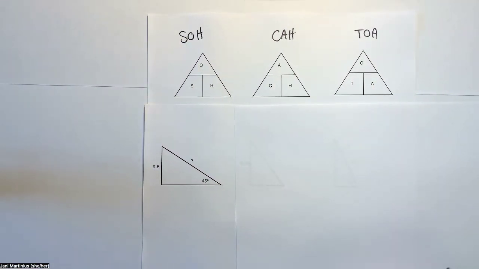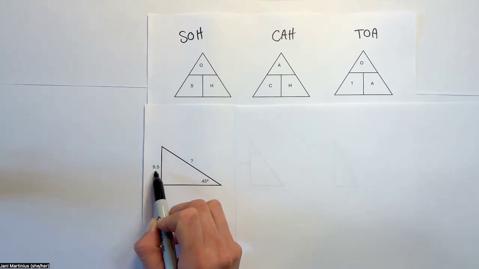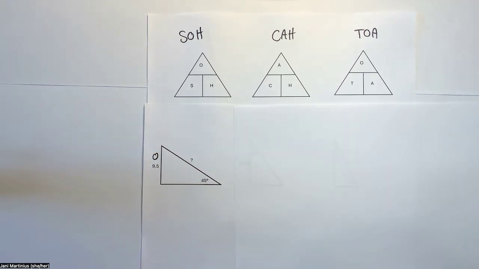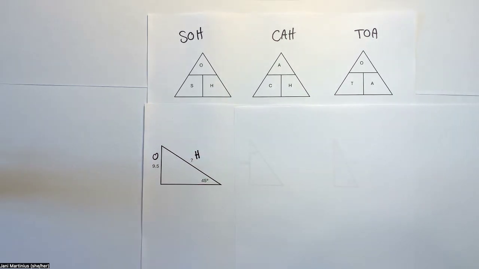So on this first triangle, we need to find out what we have. We have an angle given to us right here. That's excellent, so we're going to work with that one. And we have a number given to us that is opposite of the angle, so we're going to mark that as opposite. And I see a question mark on our hypotenuse, so we can also mark our H here.